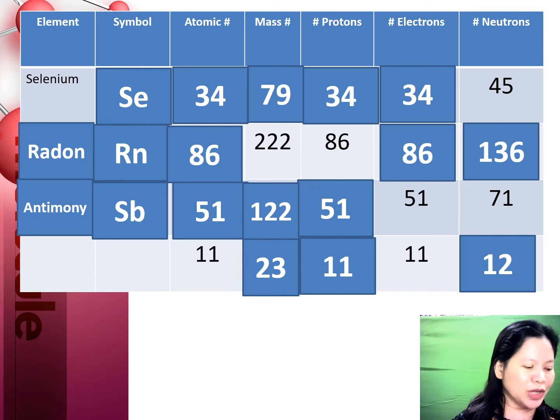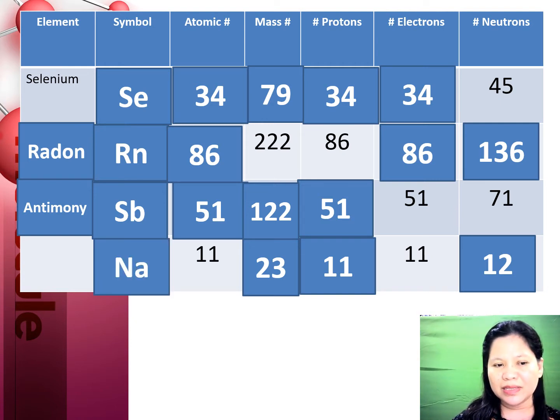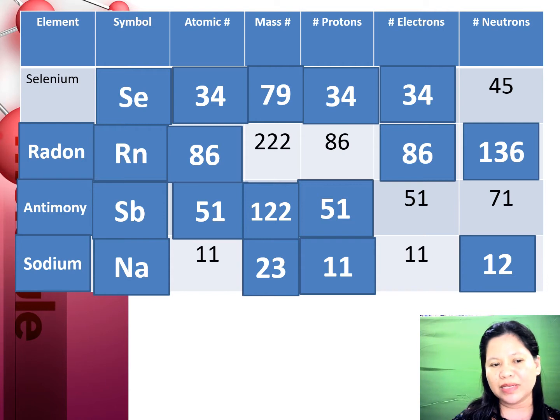Now, if you check your periodic table, it is not written as a whole number, so what you are going to do is round off the number given there into a whole number. That's why you have 23. So what will be the neutrons? Just subtract 23 minus protons. That gives you 12. So our element is sodium, which has a symbol of Na.